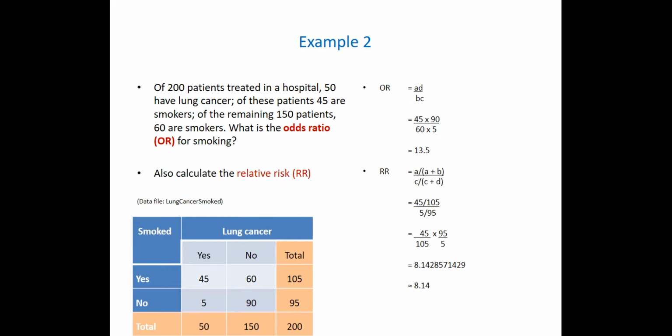But look at this one. Let me try to explain it, because people just come, but you can actually look at it from a perspective. Now, if you want to do this one, look at that table. Lung cancer 50, control 150, no lung cancer.